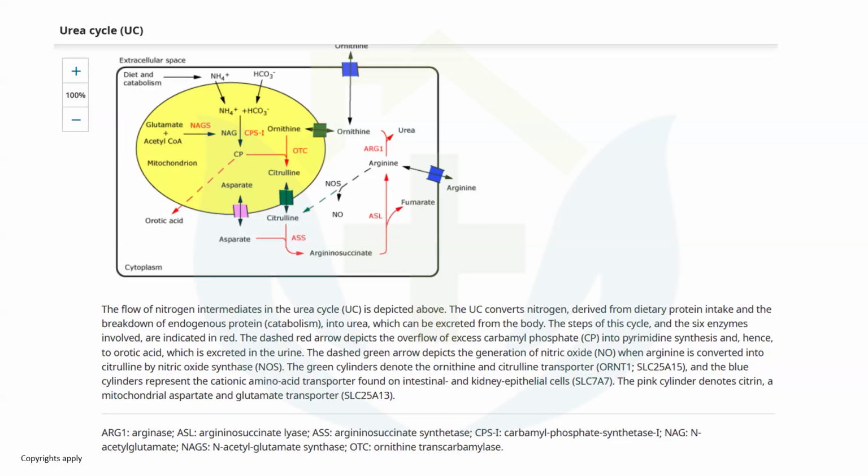So there are several defects, enzyme deficiencies, and a urea cycle defect will be there. In this, the ammonia will be high, and once the enzyme is deficient, the immediate precursor metabolite will be high. Please, next slide please.